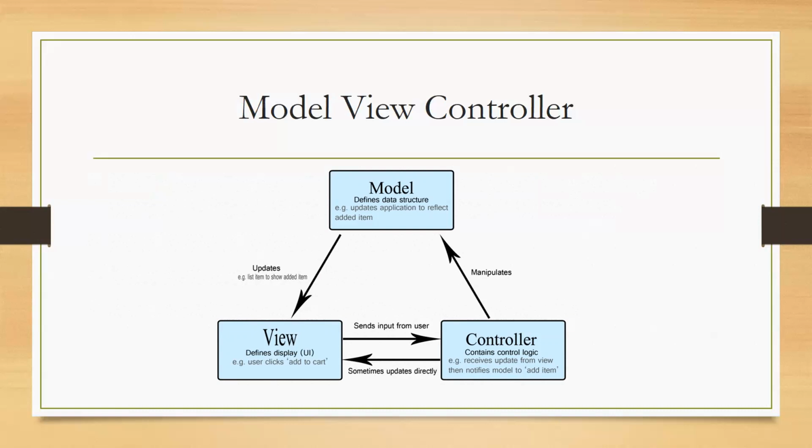That person sends the input, clicks on something, then it goes to another file, the controller, that either manipulates the model, so either changes something on the data side, and then the view gets reloaded, or it just sends the view back. The controller is kind of like the brains of the operation. It handles what it's going to do next, and they all work together to bring forth a website.